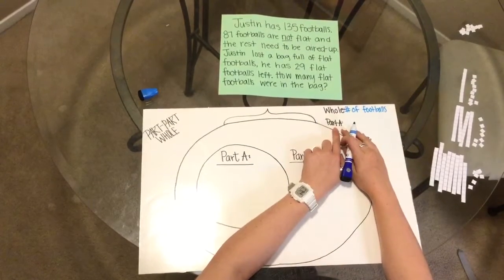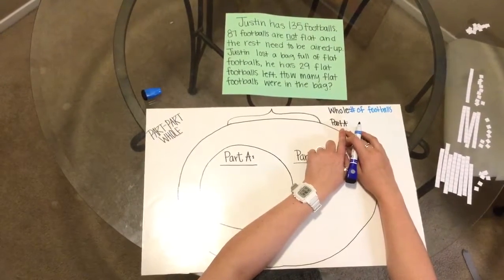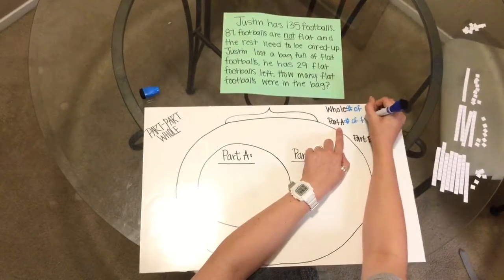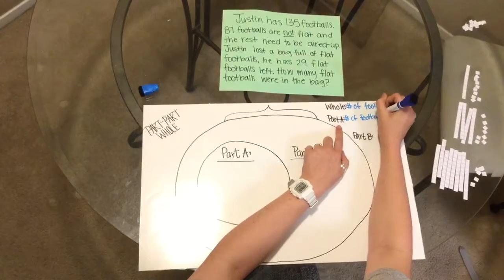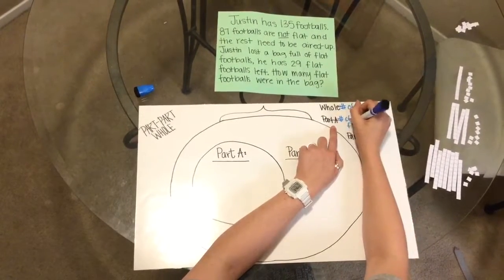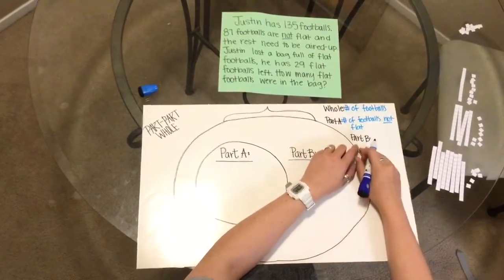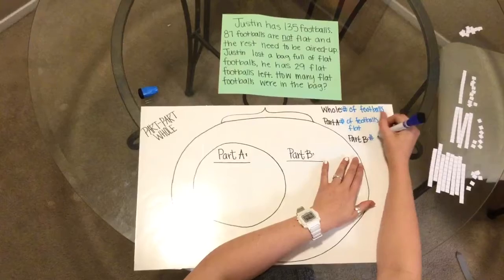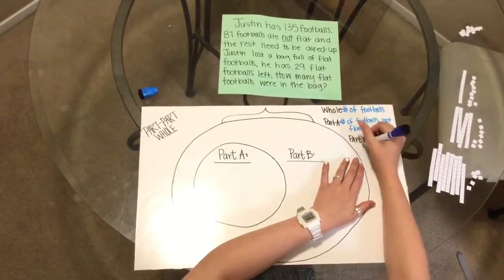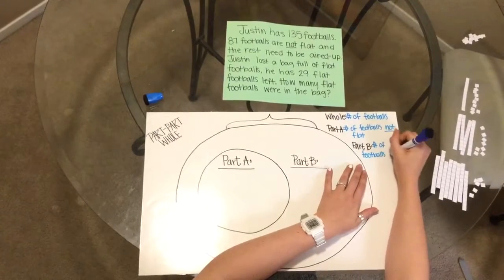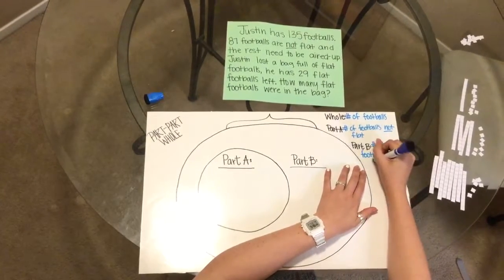Part A is the footballs that are not flat, so the number of footballs not flat. Part B is what we are trying to find, and that is the number of footballs that are flat.